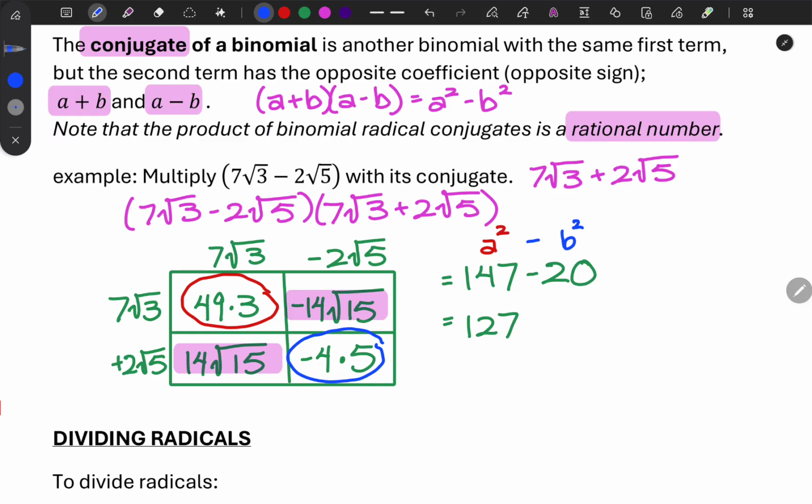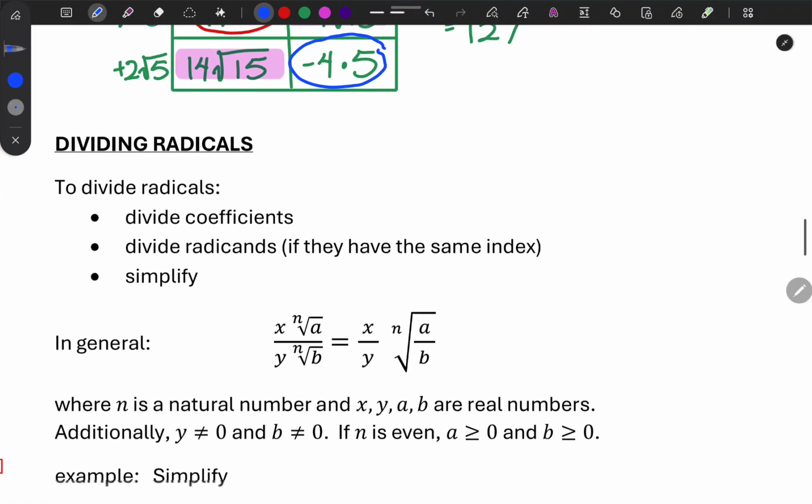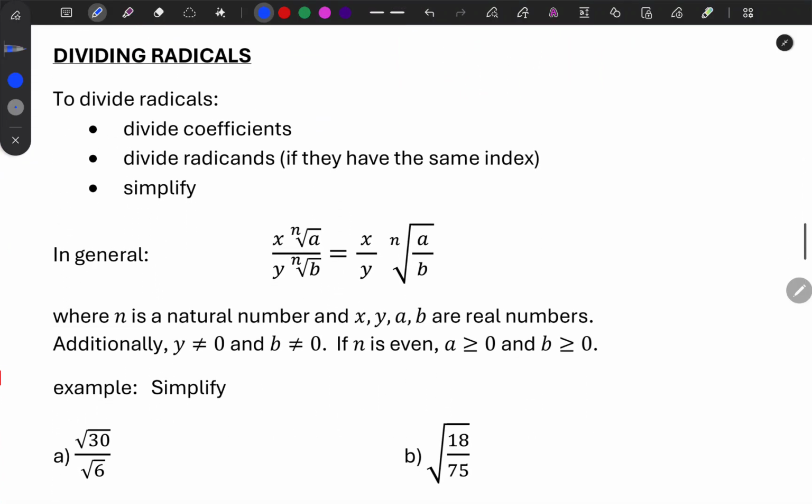Let's do a quick refresher of how to divide a radical. So to divide a radical, we're going to look at our coefficients. It says divide coefficients. This is where I like to remind you that you can also reduce fractions. So I'll say reduce fractions too.